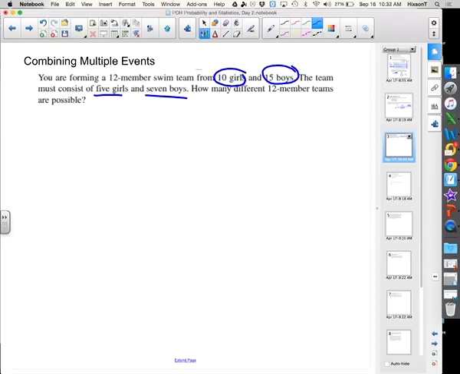So, how would we pick, or how many combinations of girls could we get? Very good. We have 10 girls to choose from, and we're going to choose any 5 of them. Okay? But then we have to pick the number of boys.